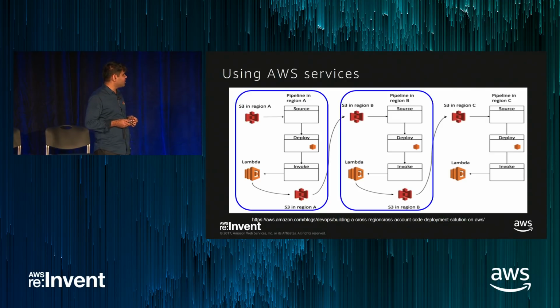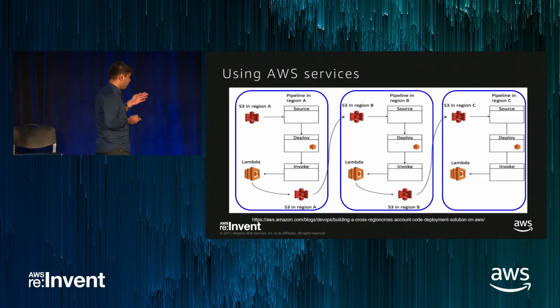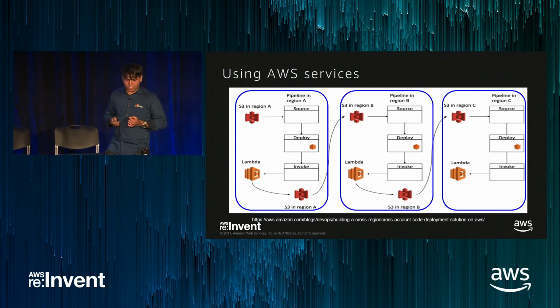The CodePipeline gets triggered in the second region. It does canary deployment, blue-green deployment, whatever you like in the second region. And if all things look good in the second region, it works in the third region. It's pretty cool, very easy to do. Please do take a look at this blog as well as the CloudFormation template.